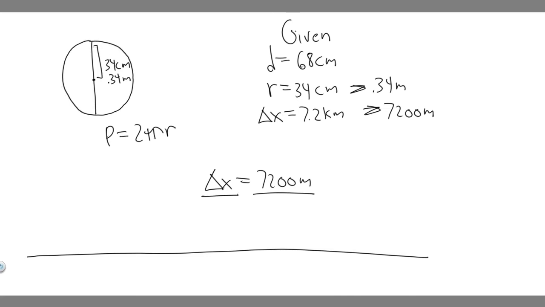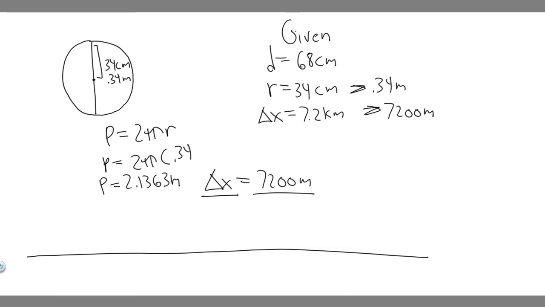So if we do 2 times pi times r, and r is 0.34, you're going to get that the perimeter is equal to 2.1363. So this is going to be meters, right?